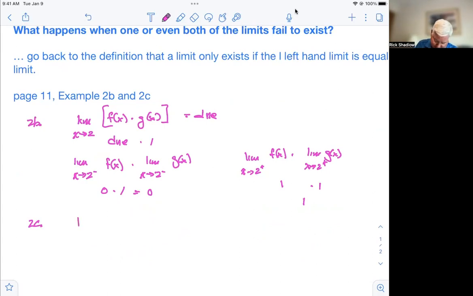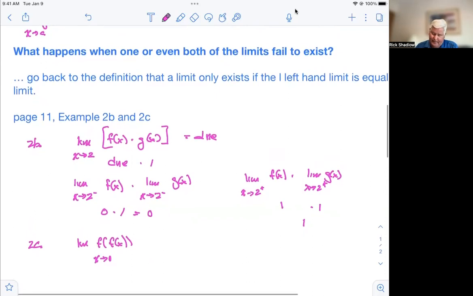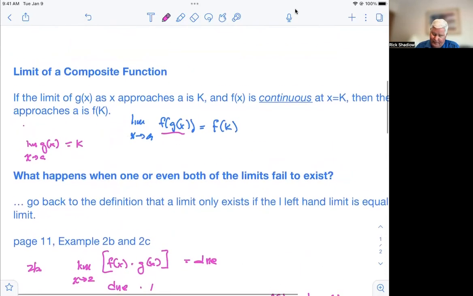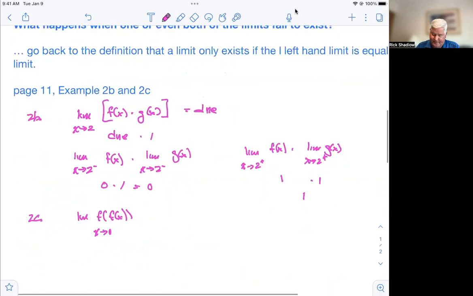This is the limit of a composite function, f of f of x itself, as x approaches 0. So again, from the composite function idea, we have to know that the limit of the inside function exists.